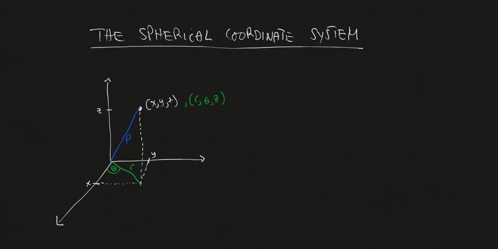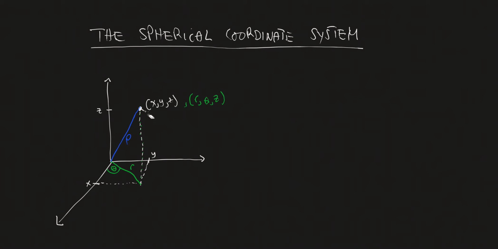These two alone don't define that point P, because I could essentially, on some kind of an arc, go further away. It looks like I'm going further away from my z-axis and still have the same rho and theta values. So that doesn't, not yet, uniquely define that point. So I need something else to uniquely define that point.